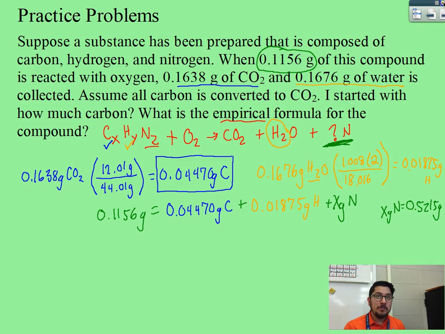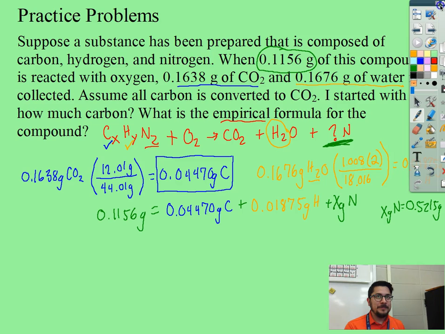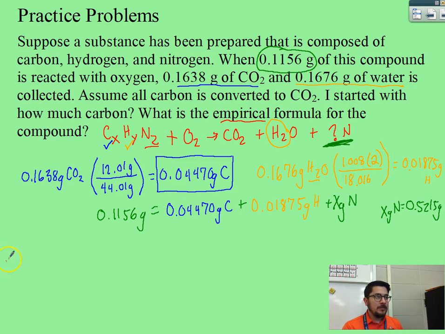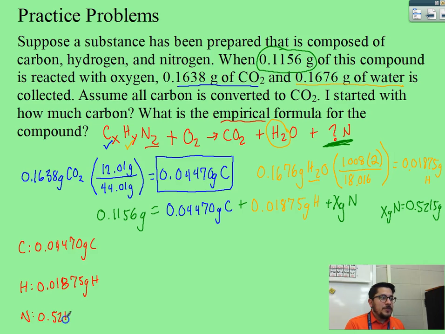So like I said, this was a pretty lengthy question. Step 1, let's list them all. So carbon, which is 0.04470 grams of carbon. I have hydrogen, which is 0.01875 grams of hydrogen. And last one, I have nitrogen, which is equal to 0.5215 grams of nitrogen.